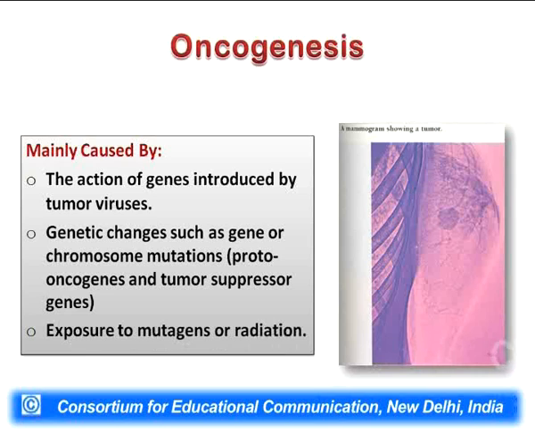These oncogenes, or the cancers, are majorly caused by three major reasons. The first one is genes introduced by tumor viruses. There are certain retroviral tumor viruses. What happens is they transfer the oncogenes into the normal functioning genes, and when these get incorporated, they are transformed into tumor cells.